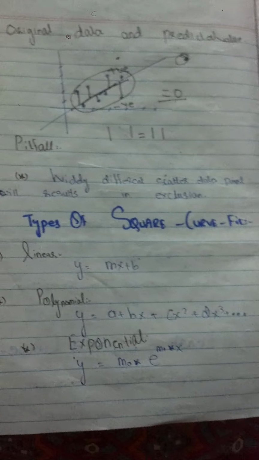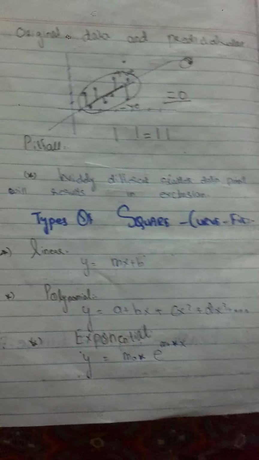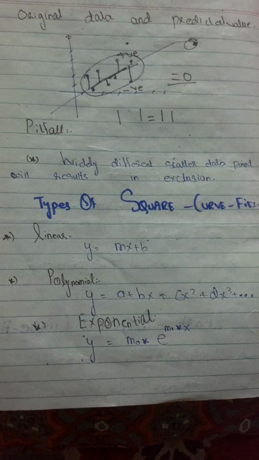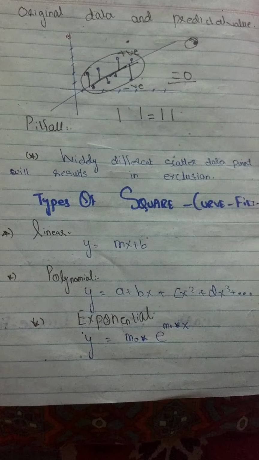It will exclude the value from very far, and the result may differ from the original result, or the result we are expecting, or the correct result.